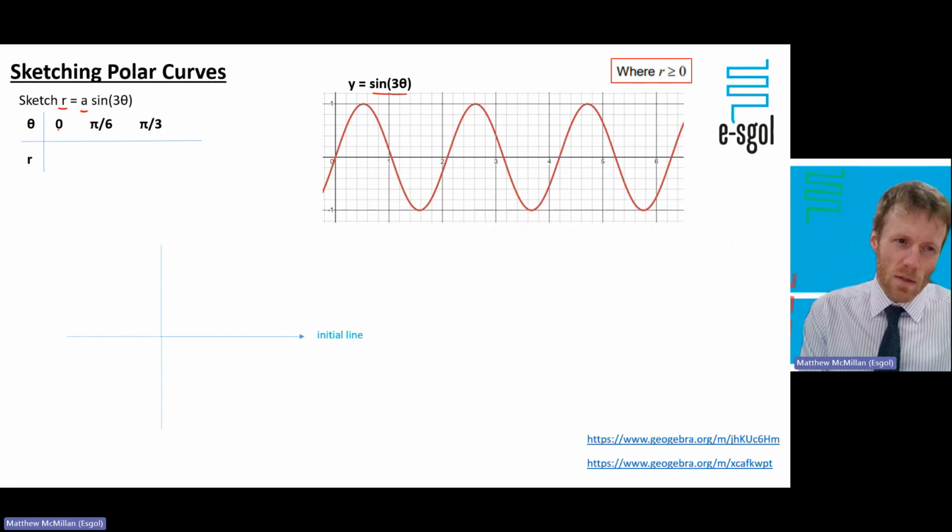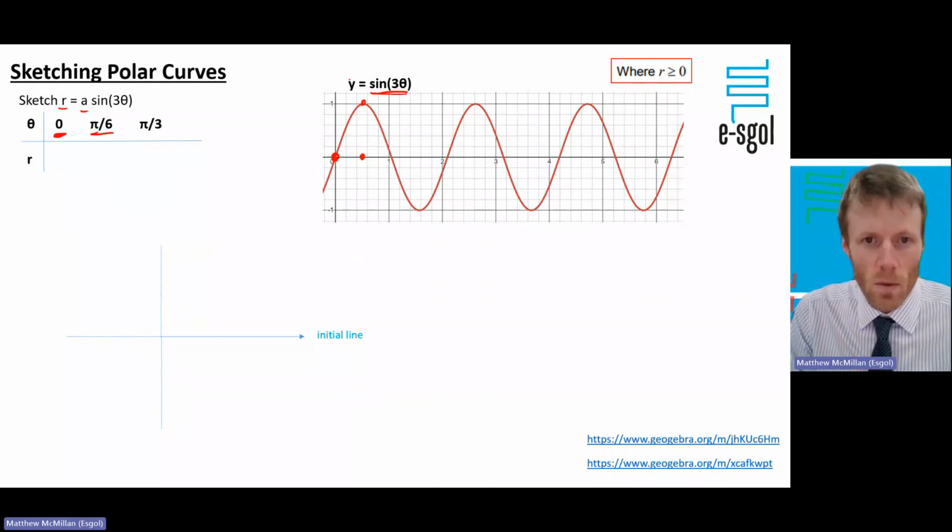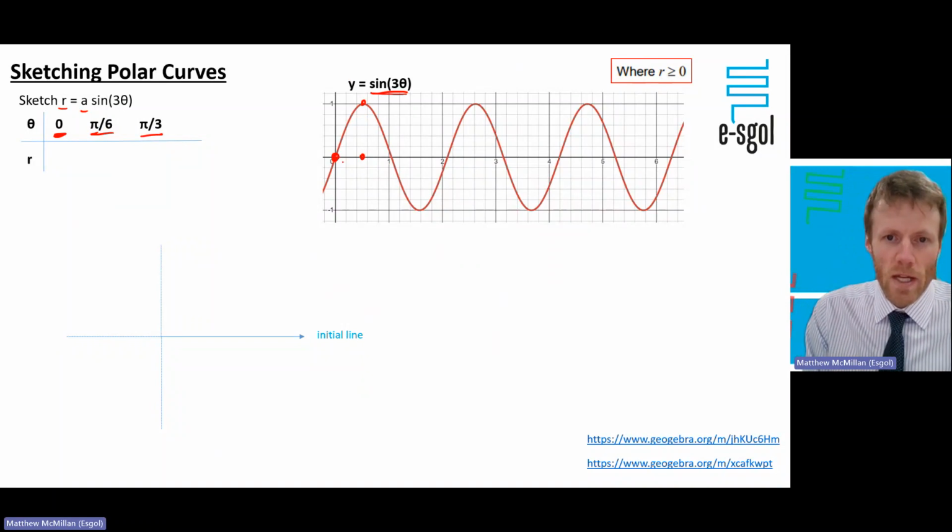Now I've chosen the values carefully because I've looked at my sine 3 theta graph and I've thought about the repetitions. So I can see that at 0 there is something interesting happening. At pi over 6, which is here, there's another extremity, as it were, and at pi over 3, there's another point which has something interesting happening.